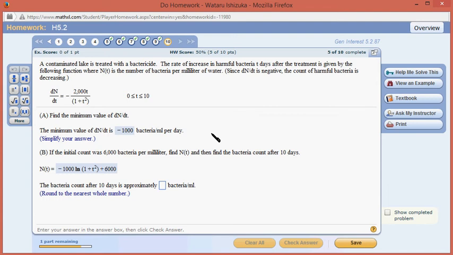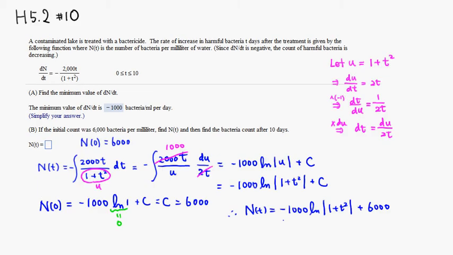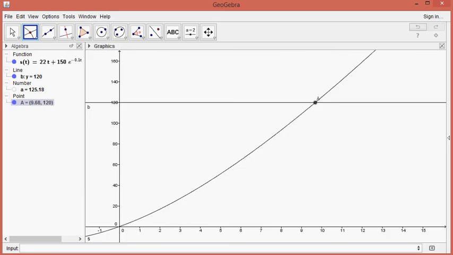Alright, after 10 days, so t is in days, I hope. So in days, we just have to find N of 10. So N of 10 is equal to negative 1000 natural log of 10 squared plus 1, so it's 101, plus 6000. So let's use GeoGebra to compute that.